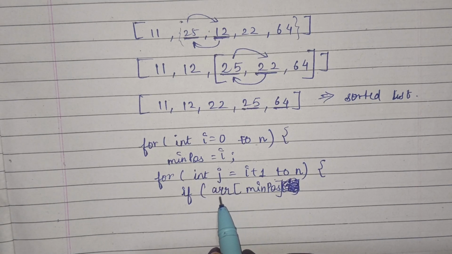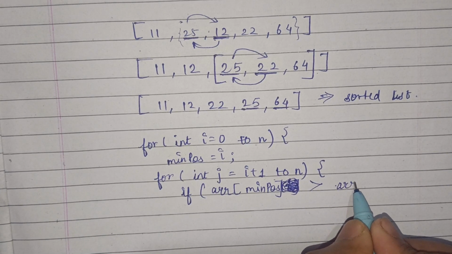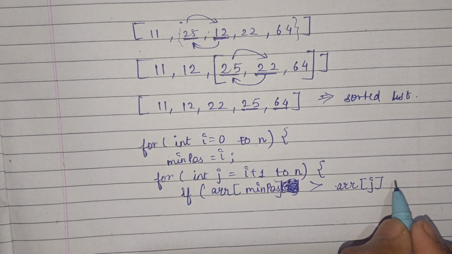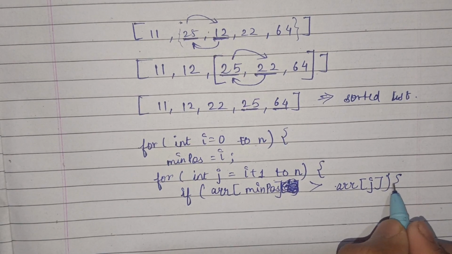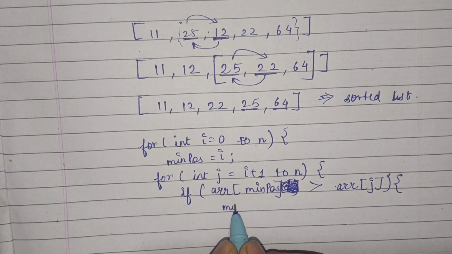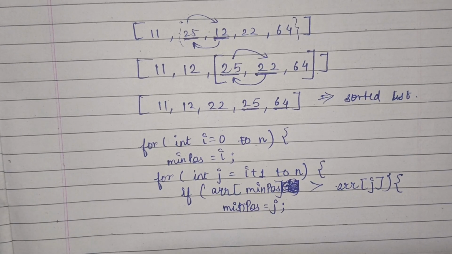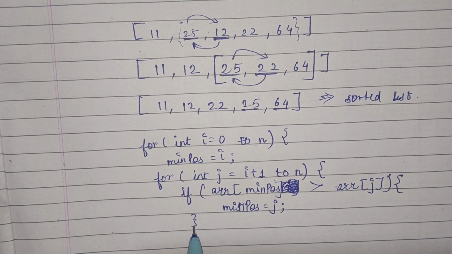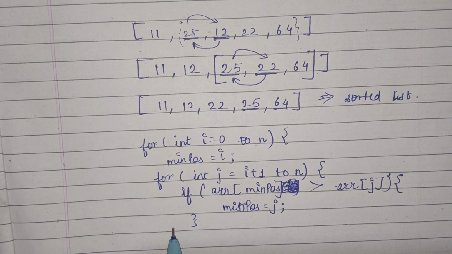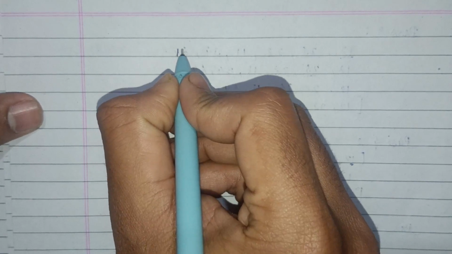If array of min position is greater than array of j, then we have to initialize min position as j. And we simply end this. Then we have to swap the elements here.